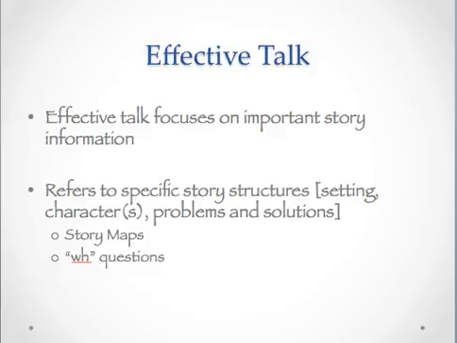So stories have a setting, they occur in some place, they have a character or more than one character, the story is about someone, and there are events that take place, and often these events are organized around a problem and a solution. And so story maps and WH questions, where, who, what, align very nicely with story maps.